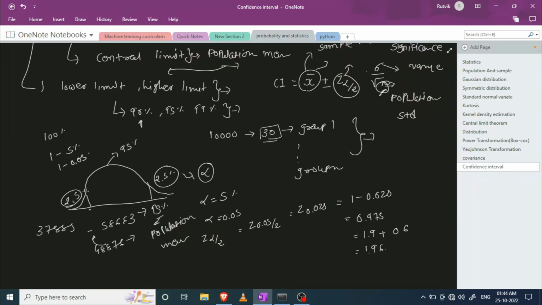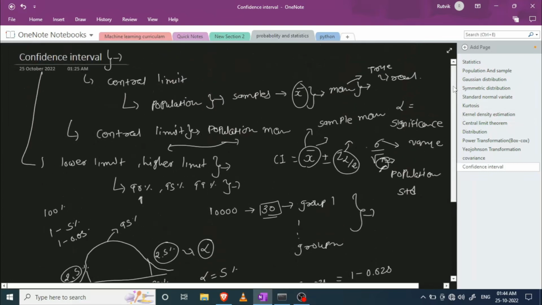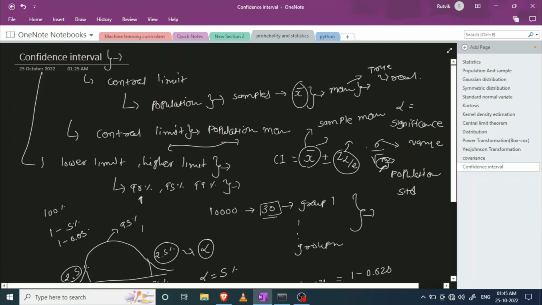So in this video we discussed how we can use the confidence interval in data science, because if we have a large population, then it's quite difficult to get the data from every single person. So we divide the whole population into samples, and we come up with a population mean using such a sampling distribution technique, right?